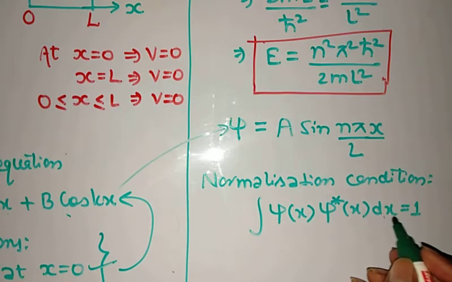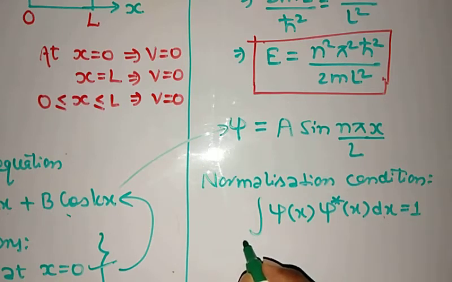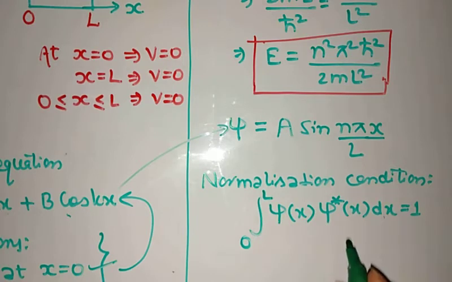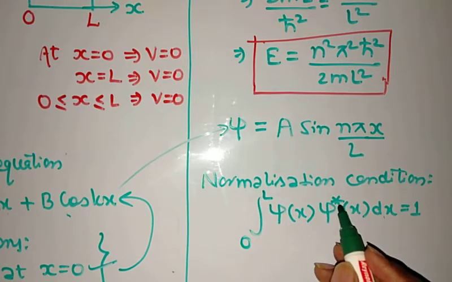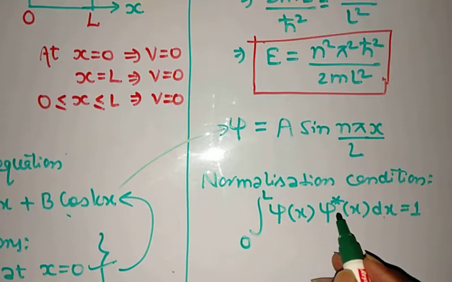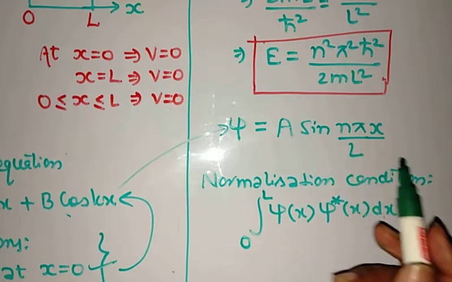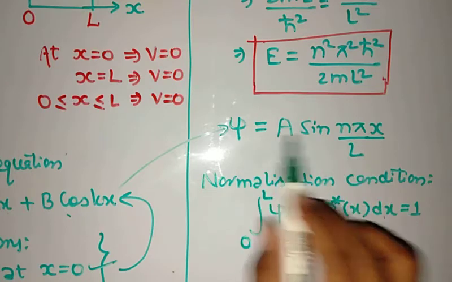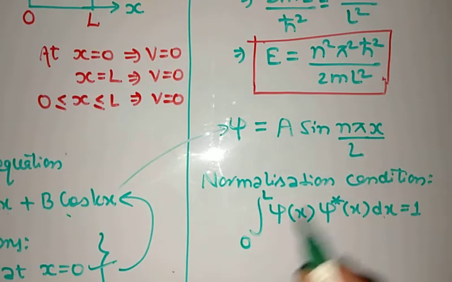We are using dx because we are talking about only one dimension, and this limit is 0 to L. Psi star means this is the complex conjugate of psi. So since there is no i, there will be no effect. It means what is psi, the same psi star will be here.